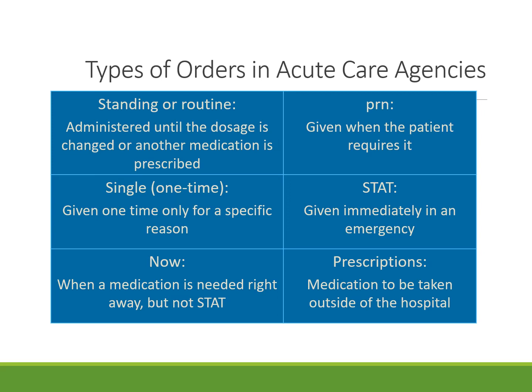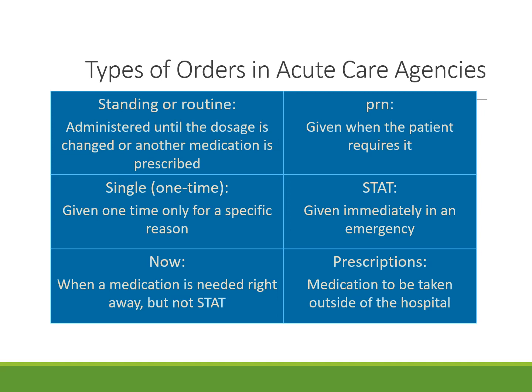A single or one-time order is given one time only for a specific reason. For example, give amoxicillin 1 gram now. Stat means immediately. For example, nitroglycerin sublingual stat means you have to give that right away.